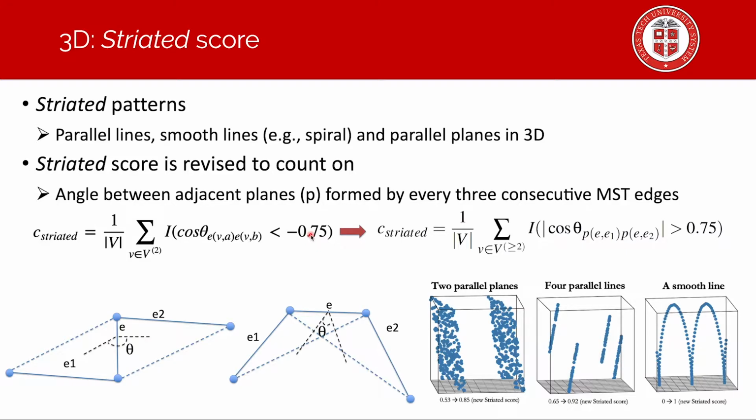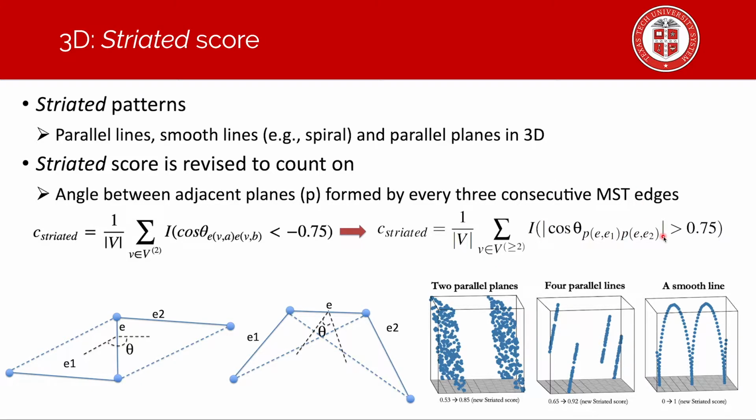However, in 3D, the angle between the planes of the 3 consecutive edges will also consider the cases where the cosine of theta is greater than 0.75 as well. That's why we need to use the absolute sign over here.